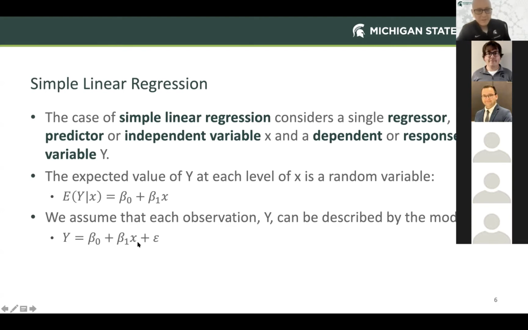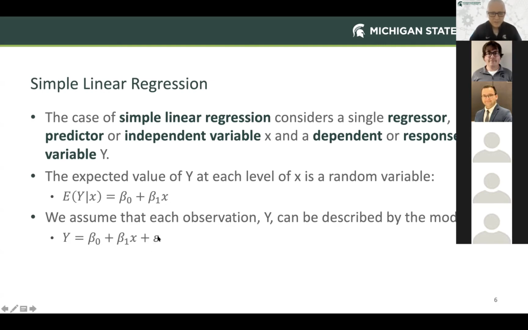whatever the corresponding value of x is, plus epsilon. And we can think of this in the same manner as we had in our previous discussions of ANOVA. This is basically an error term that's capturing the effects of everything else that's not directly captured or included in that model, in essence, okay? And so we'll talk a little bit more about that subsequently.